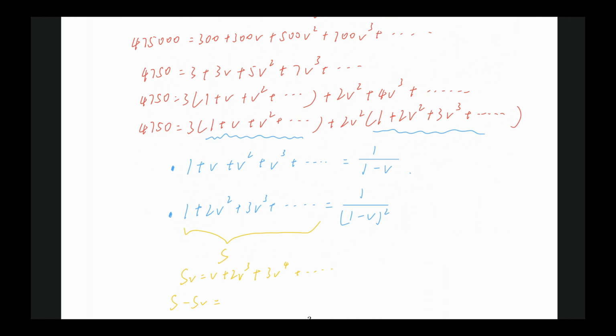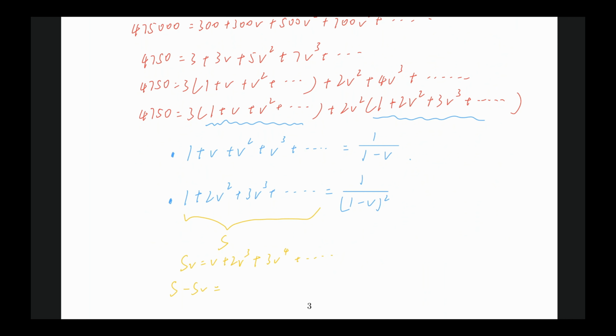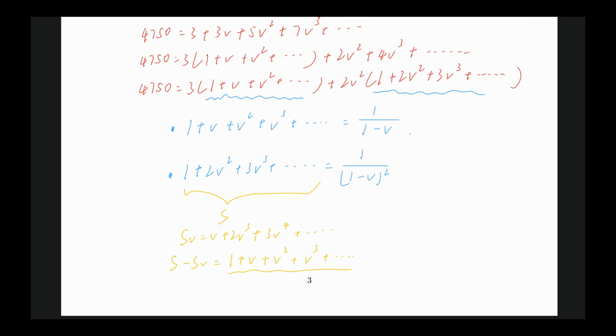If we get everything correctly, it's going to be 1 plus v plus v squared plus v cubed, and it goes on forever, and we know about this already. So basically S times 1 minus v is 1 over 1 minus v. Divide everything by 1 minus v, and that will give us this. So yes, this is pretty straightforward.